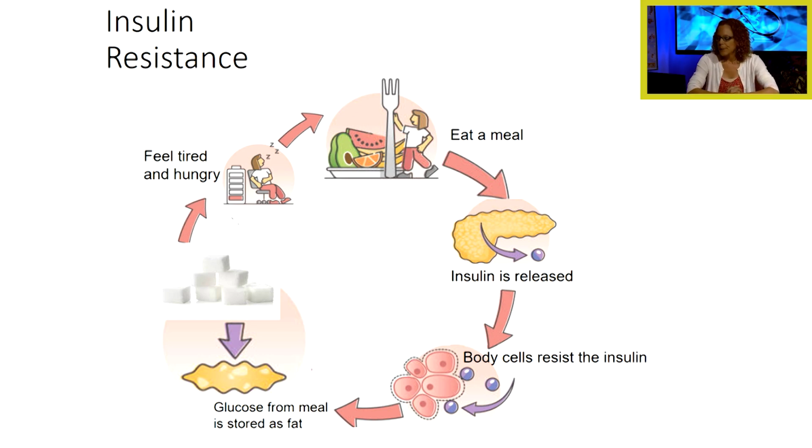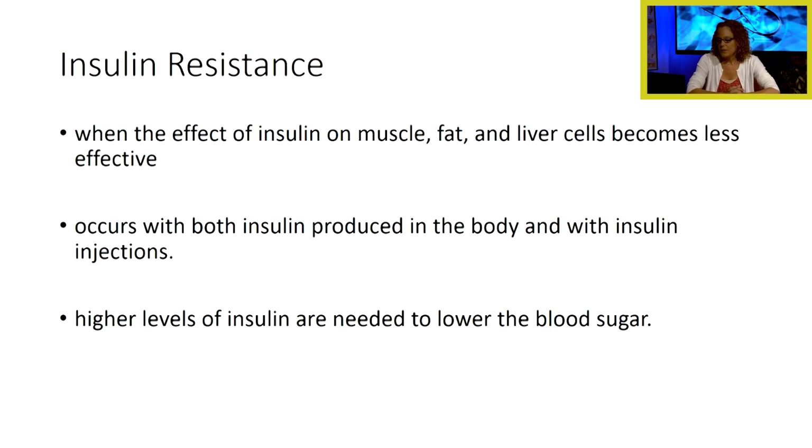So remember, this is very much a problem with the type 2 diabetic, insulin resistance. When the effect of insulin on muscle, fat, and liver cells becomes less effective, this occurs with both insulin produced in the body and with insulin injections that we give to the patient. And we've got to remember that what ends up happening here is that higher levels of insulin are needed to lower the blood sugar. Okay?